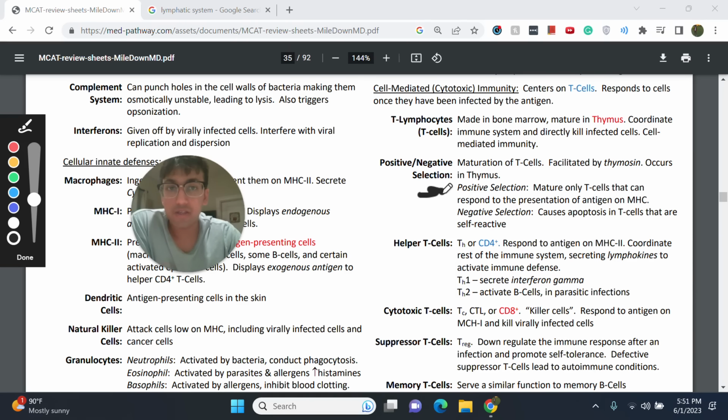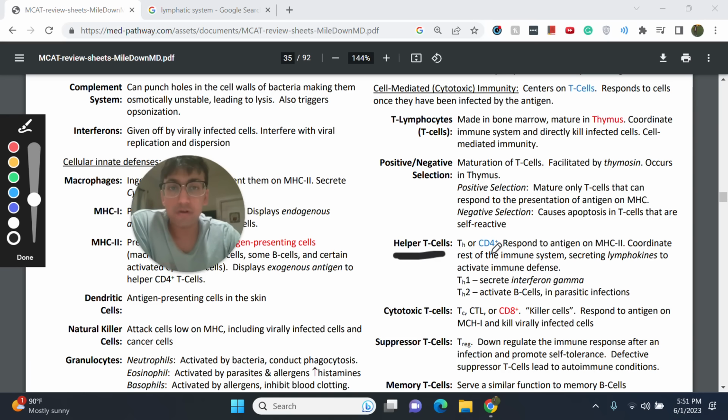And so positive selection means that you're maturing only those T cells that are able to respond to the bad antigens, right? Negative selection means you cause apoptosis in the T cells that are self-reactive, right? So positive selection means you're promoting growth of good T cells, and negative selection means you're destroying T cells that are self-reactive.